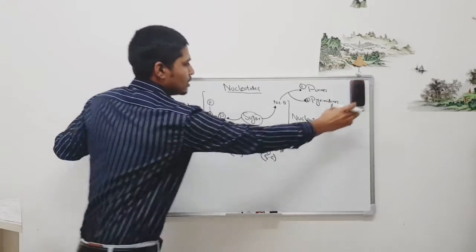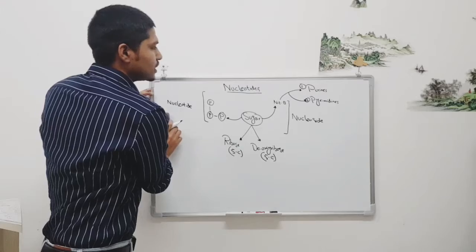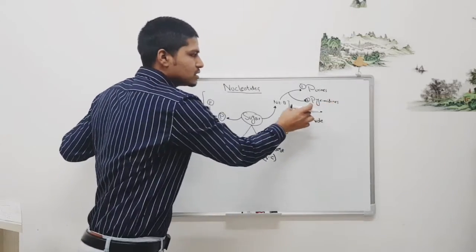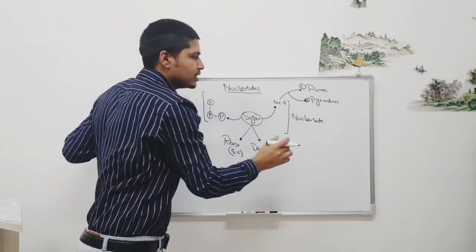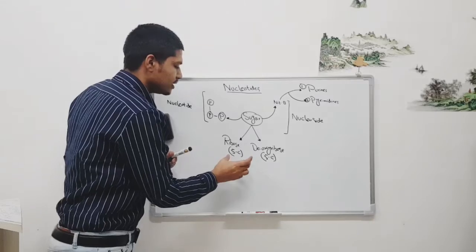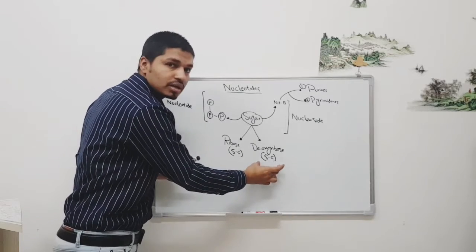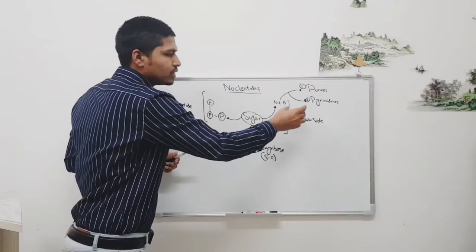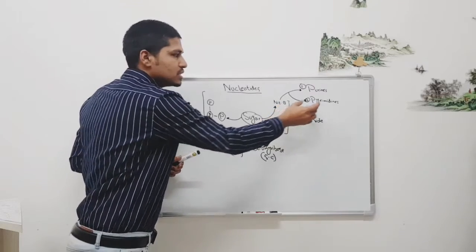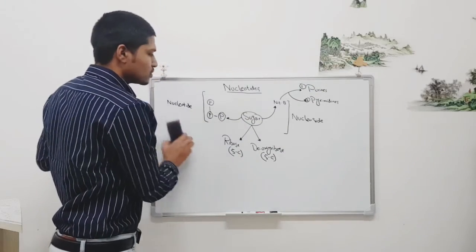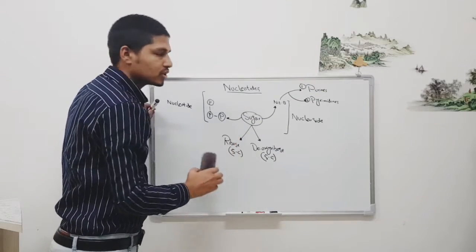We have to discuss purines and pyrimidines in more detail, but in this video, first I want you to understand the sugar molecules, ribose and deoxyribose. Later on we will discuss the nitrogenous bases and the further details of purines and pyrimidines.